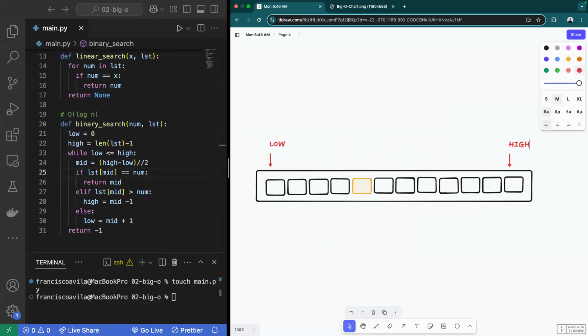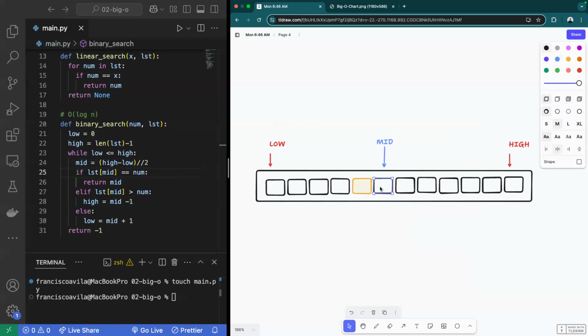We will then determine high. From both of these, we're going to check, is low still less than high? From there, we'll determine a middle, and for simplicity's sake, let's say middle is right here.